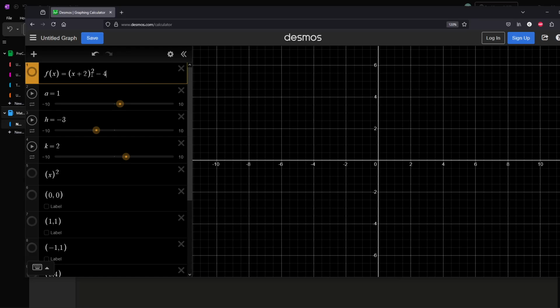But I have x plus 2 squared minus 4. What is my h value? And what is my k value? So first write those down. Pause the video if you want to try doing it yourself. But my h value, we said I have positive over here, so it must be negative. My h is negative 2. And my k on the outside, I have a negative 4. So I'm going to set these here for now.